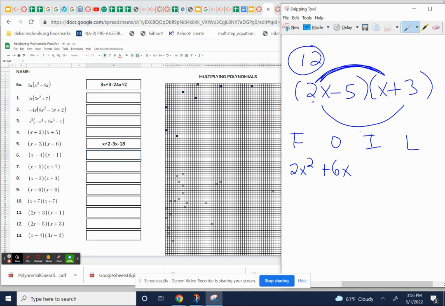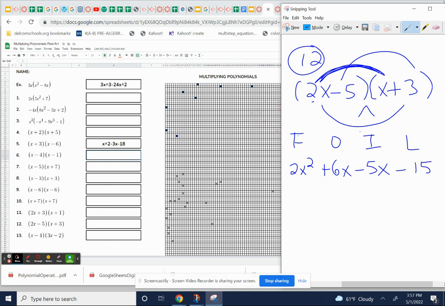When I multiply the two on the inside, that's a negative 5 and an x, so that's negative 5x. And when I multiply the last ones, it's negative 5 times a positive 3, which is negative 15.